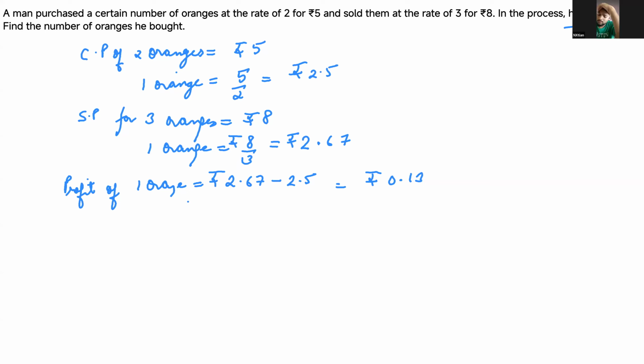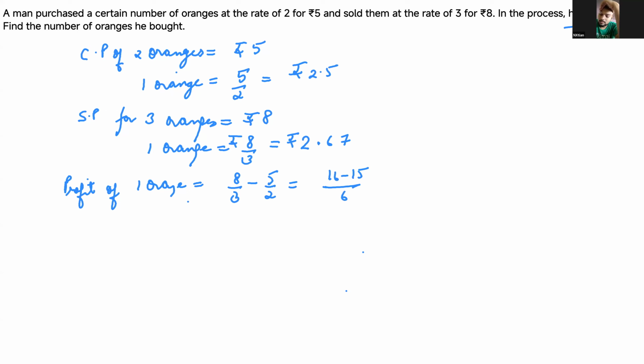Or we can do this thing also, so that will become easy for us. 8 by 3 minus 5 by 2, which is 16 minus 15 upon 6.